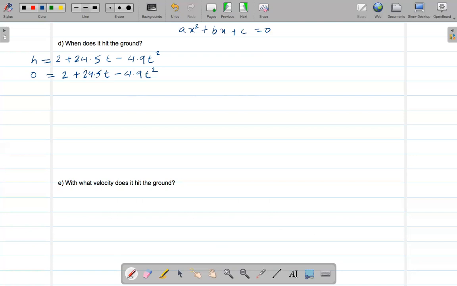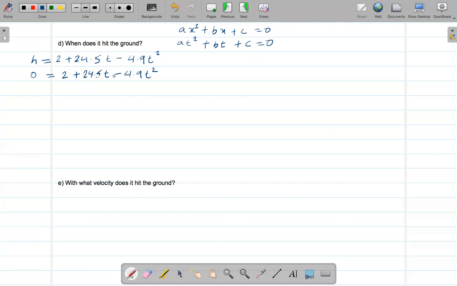Since we have t here instead of x, I can say a times t squared plus b times t plus c equals zero. When you compare, we can find the values of a, b, and c.